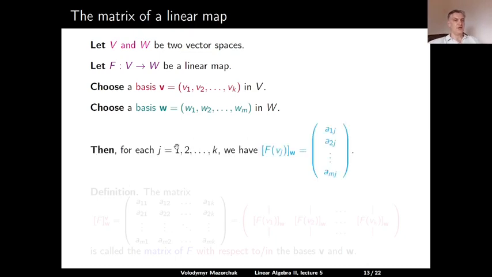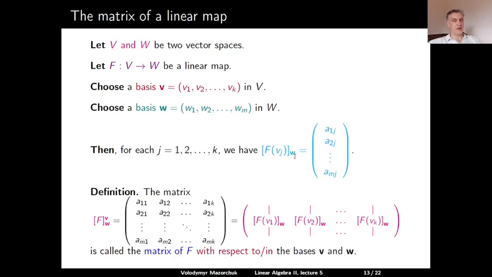Then, for each j from 1 to k, we can take the basis vector Vj in our basis bold V and apply our map F to it. We will get an element F of Vj, and this is an element in W. And since this is an element in W, then we can look at the vector of the coordinates of this element with respect to the basis bold W.